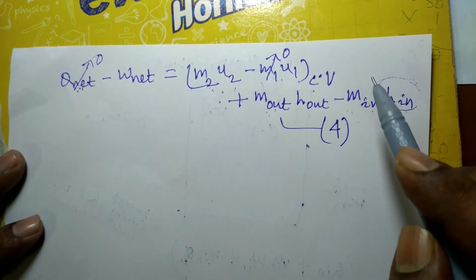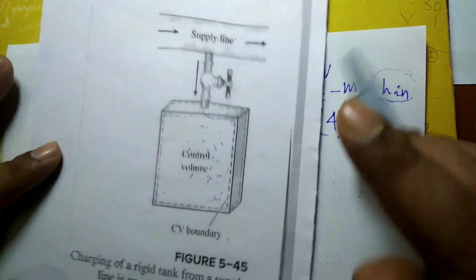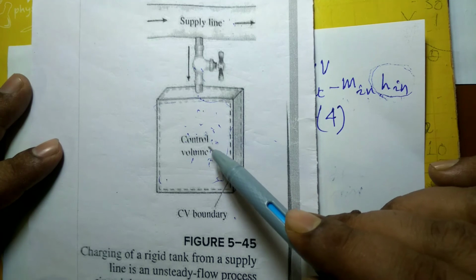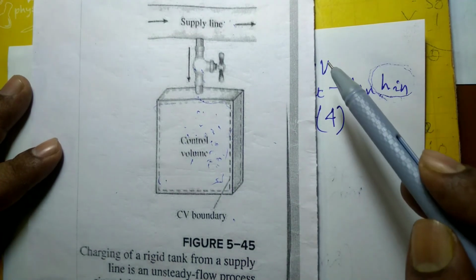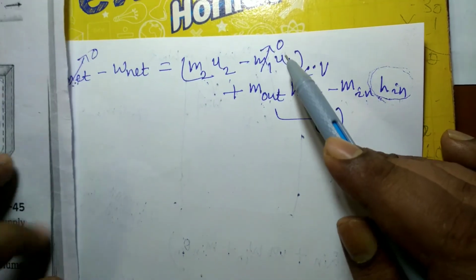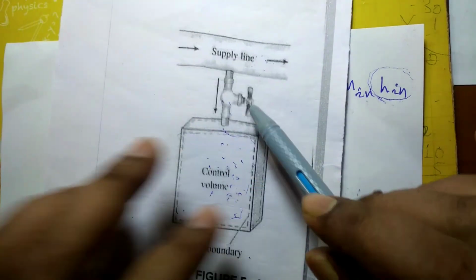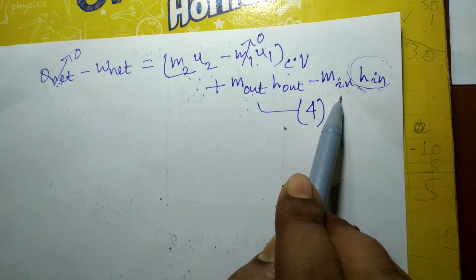because our mass balance equation gives M in minus M out is equal to M2 minus M1. But if in a problem it is given that initially the vessel was evacuated, meaning there was no mass inside the vessel, then M1 was 0, and in this case M out is 0, because no mass is leaving; only M in is there in case of charging.